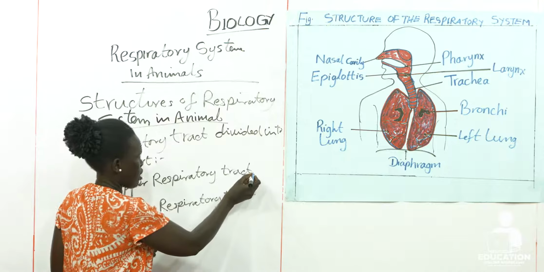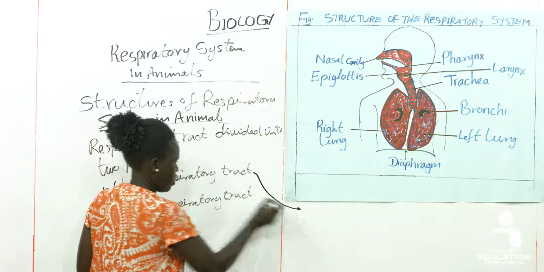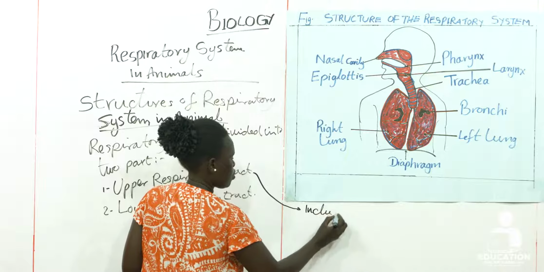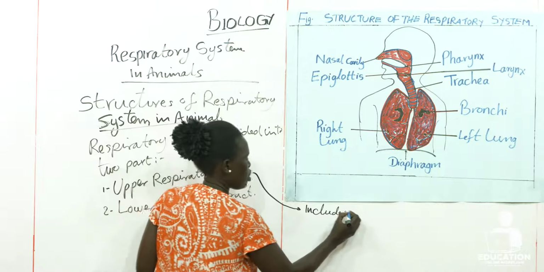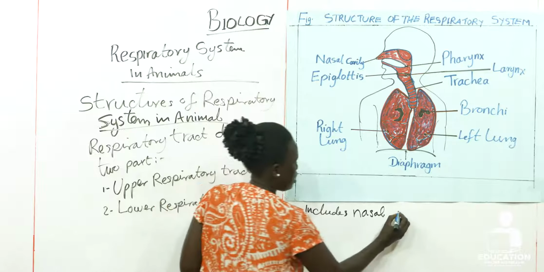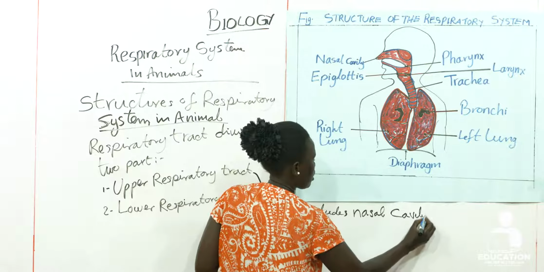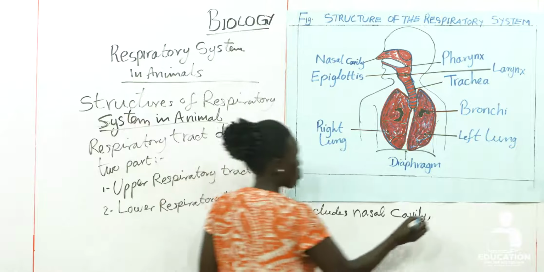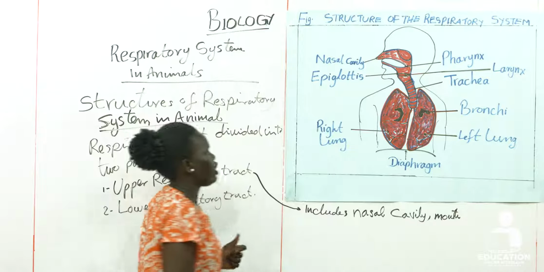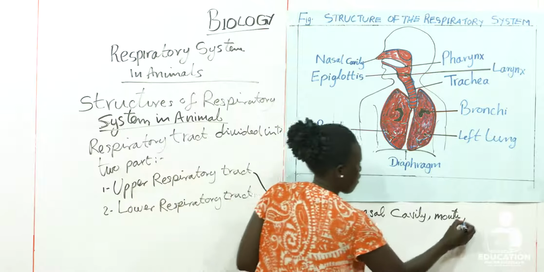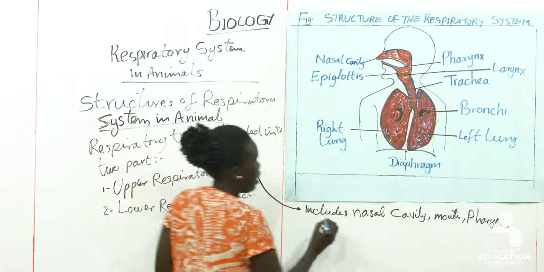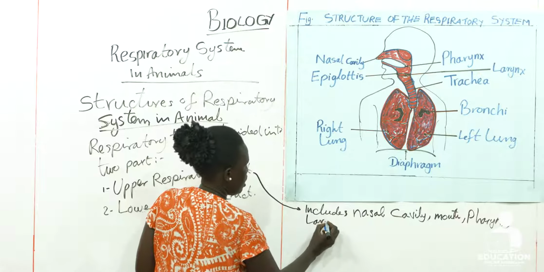So the upper respiratory system here includes the nasal cavity, the mouth, because it's sometimes used also in respiration, pharynx, then larynx.